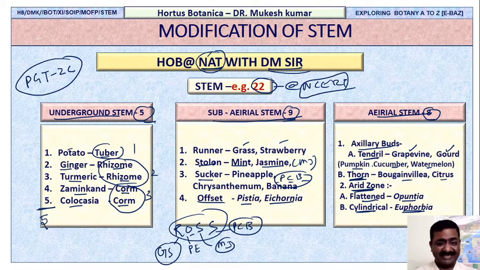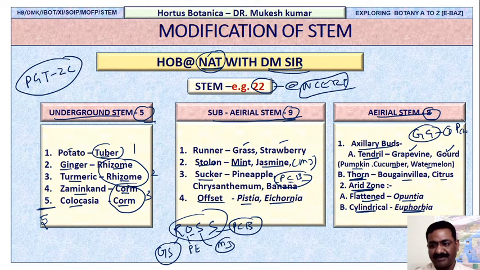How? PGT, Jetsi, 5. Then in ROSS, what comes, 2 each? Grass, strawberry, Pistia, Eichhornia, Mentha, Jasmine, and physics, chemistry and biology. In aerial bud, very simple, tendril, GG, this is GG, grapevine and gourd. In gourd we have 3, what?